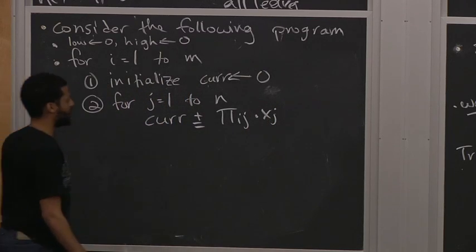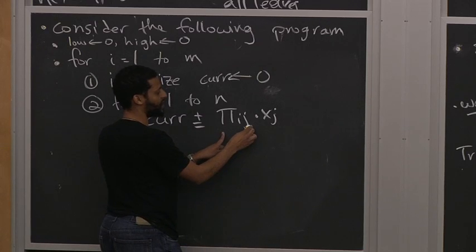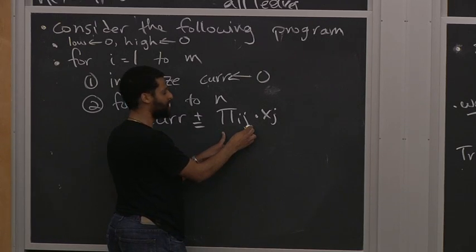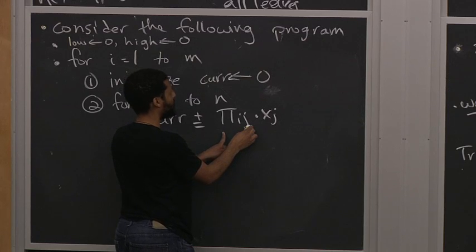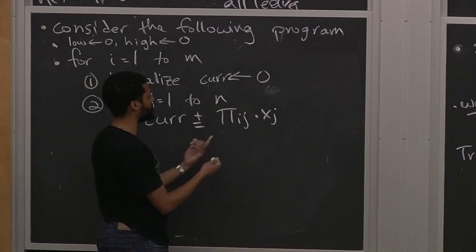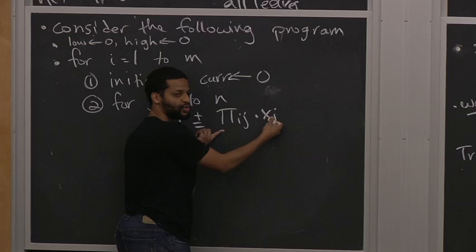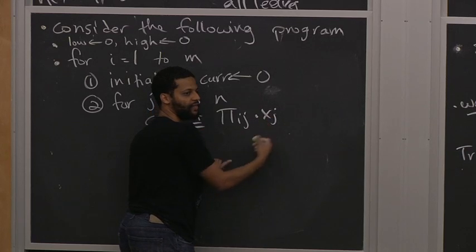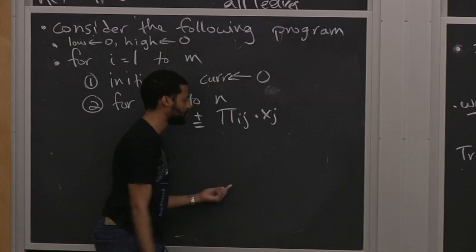So think of the input that's coming in to the branching program as being the first row of pi, followed by the second row of pi, followed by the third row of pi, etc.